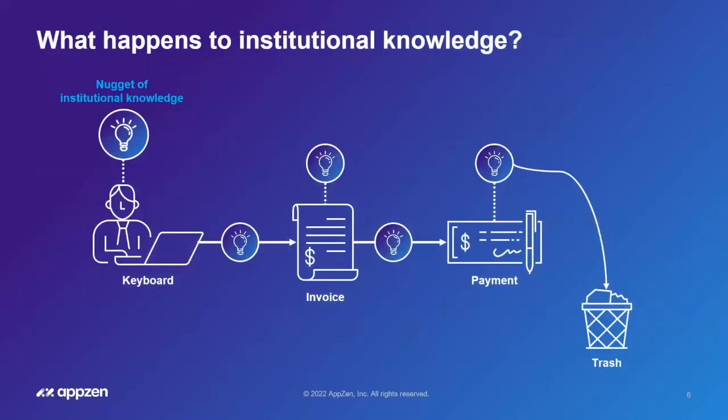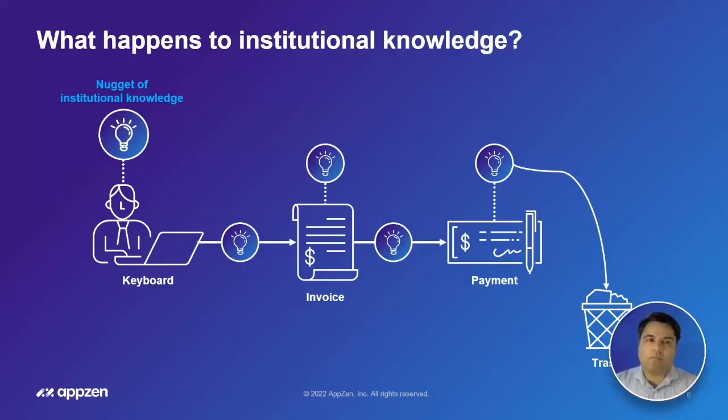But then on top of that, to add to a company's woes, all that institutional knowledge that AP acquire over the years with experience, you could say, all resides in the AP person's head. So there's no way of actually transferring that information to someone else easily, or documenting it, or actually teaching a system.